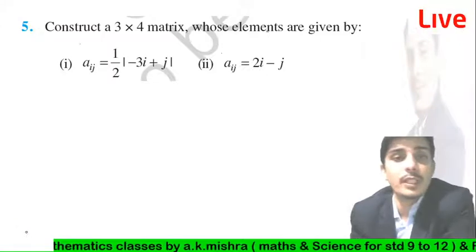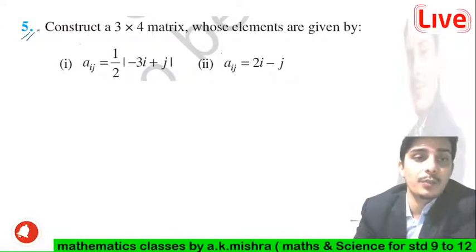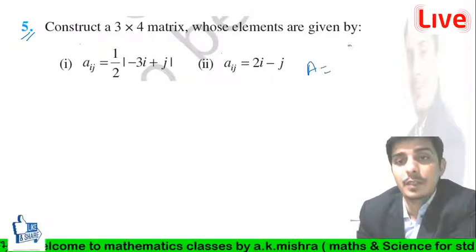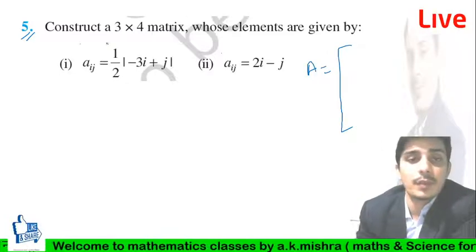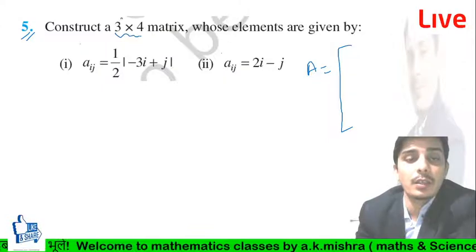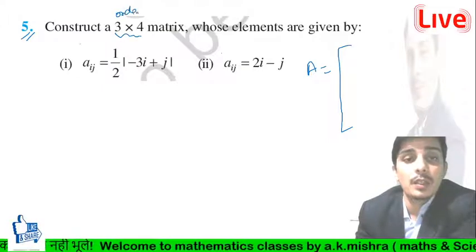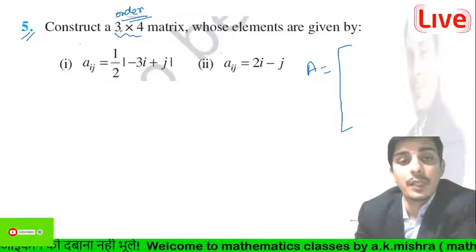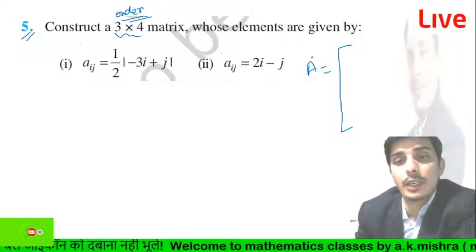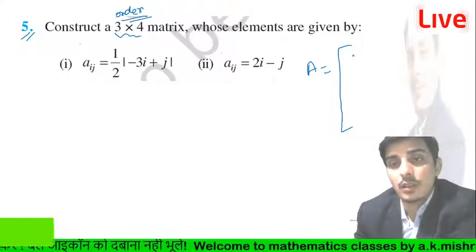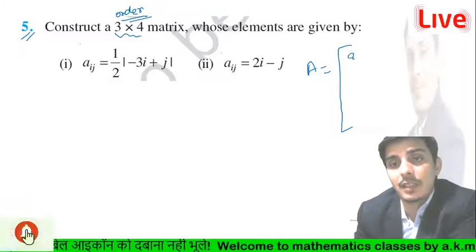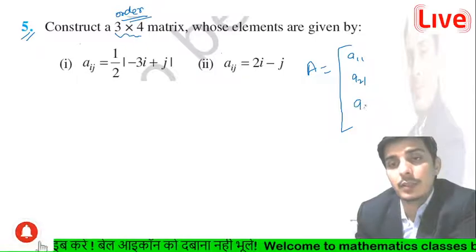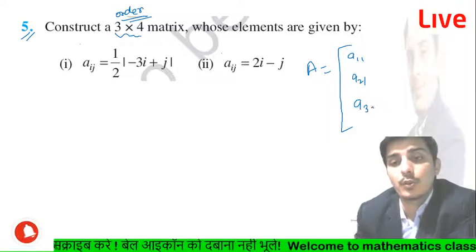So now this is the fifth question, right? Fifth question is also the same. In this question we are having the order pair, order of the matrix is 3 into 4, means we are having 3 rows. 3 rows means we can write here A11, second A21, and third is A31.